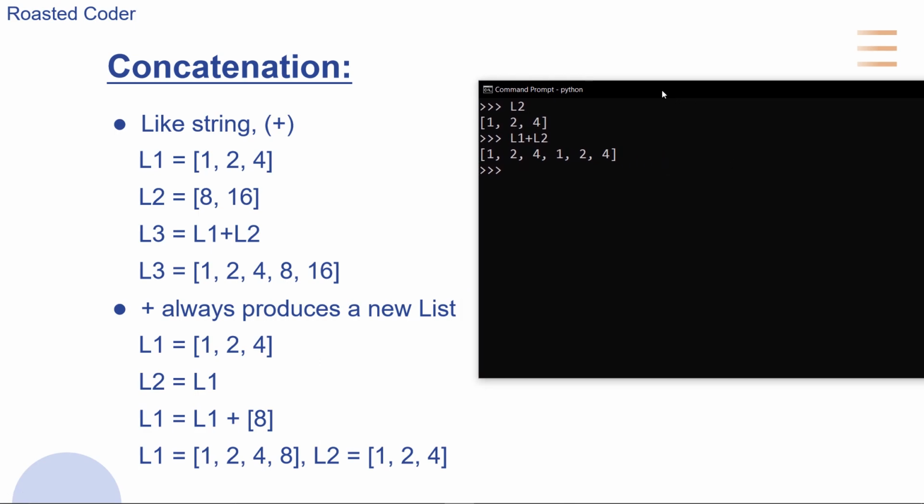And remember, plus always produces a new list. This is not equal to L1 or anything, since L1 is 1, 2 and 4. If we check L1, it's still 1, 2, 4. So the plus operator always produces a new list.